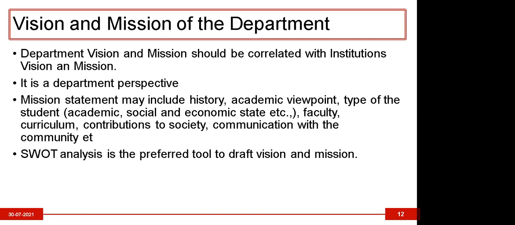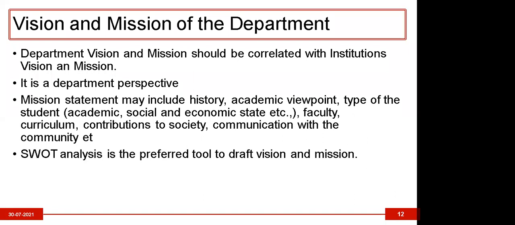So when it comes to the department, automatically the thinking process will shift from the institution to the department, and we should have our own mission and vision. So the head of the department, along with the faculty members, have to see that they have their own mission and vision, so that they can do their best through the department and help ensure the institution's vision is realized.